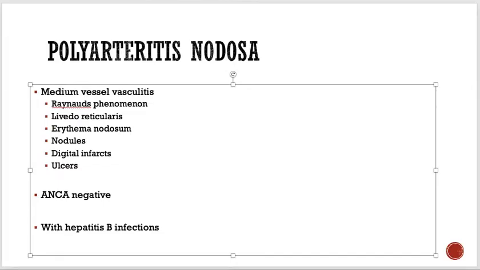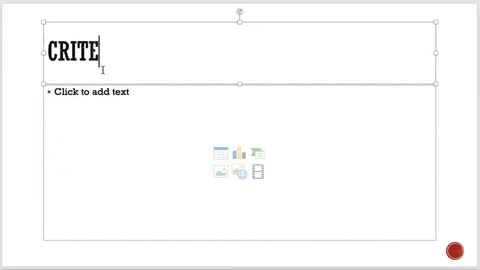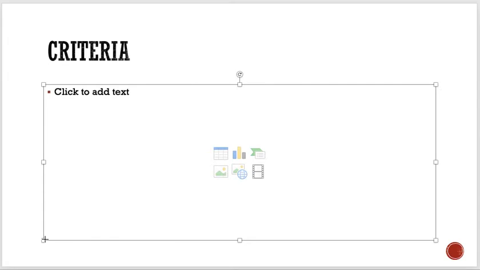Anyhow, it's a long list: weight loss, myalgias, livedo reticularis, neuropathies, even testicular pain, high blood pressure, high creatinine, positive hepatitis B, and aneurysms and biopsy evidence of these conditions. Let me write down the criteria here.